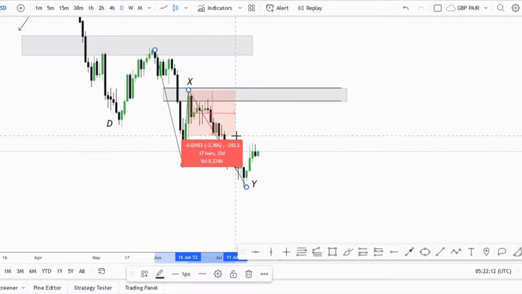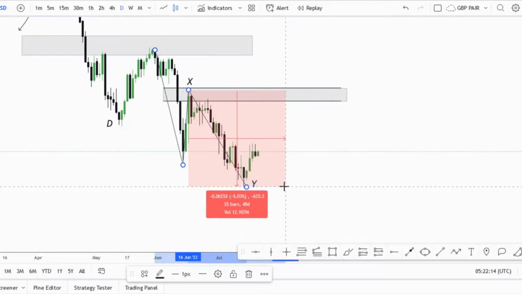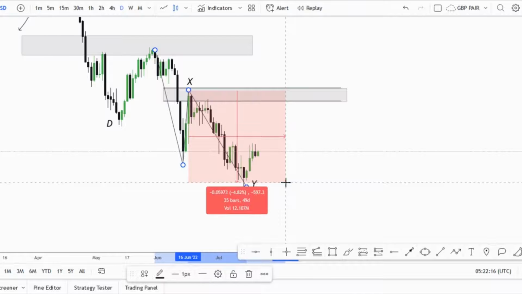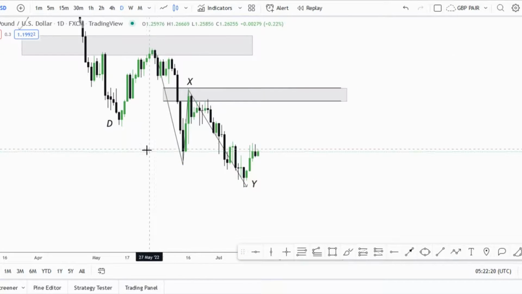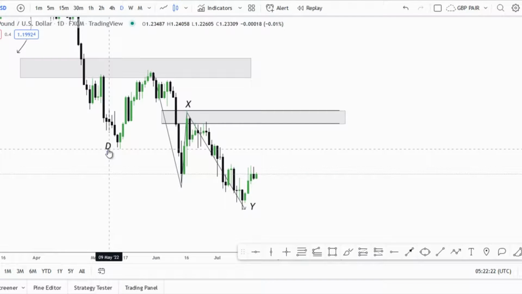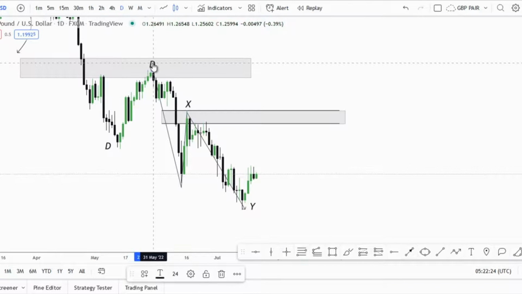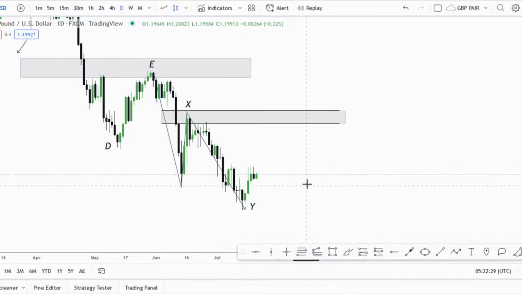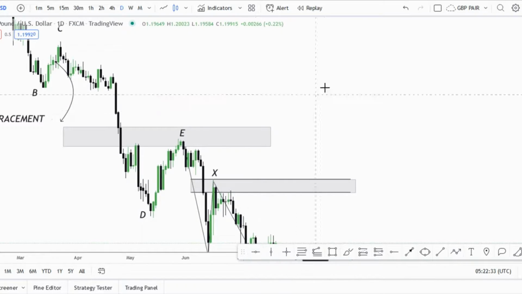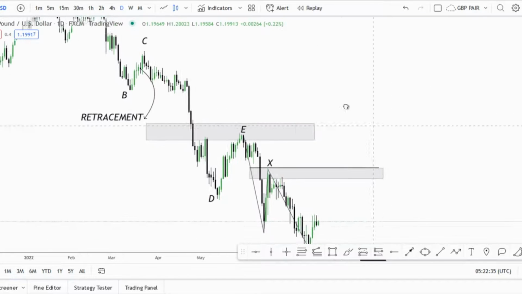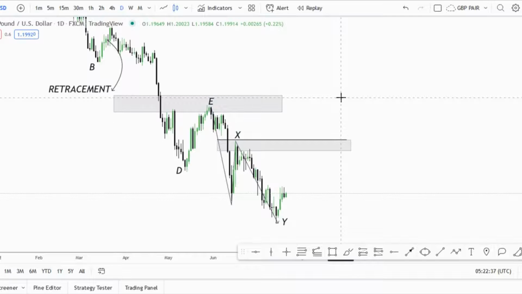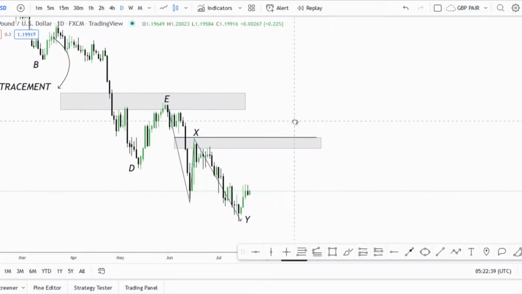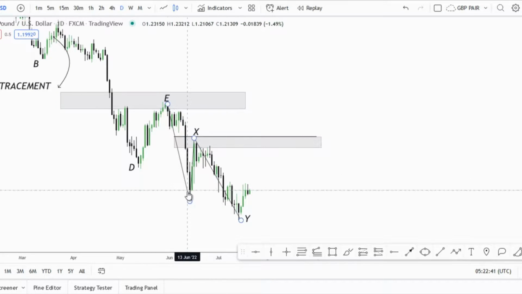So now this is what we have from here to here, about 600 pips. The next impulse after this point here, let me call this point E. So this is very much about Fibonacci retracements. When you see an impulse, expect the retracements.